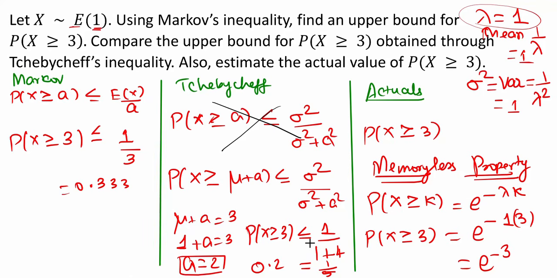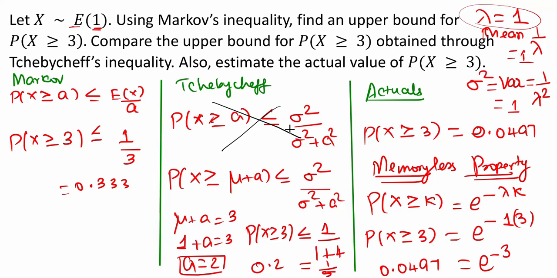Using shift and e power minus 3, it is going to be 0.0497. So probability of X greater than or equal to 3 is actually equal to 0.0497. This is my actual answer, and we say that 0.2 is closer to the actual answer than the 0.3 which we get through Markov.